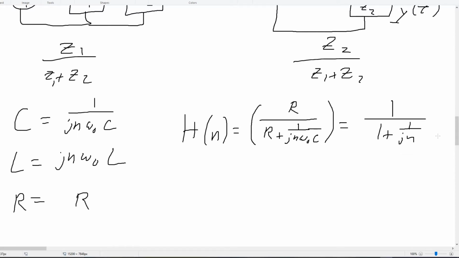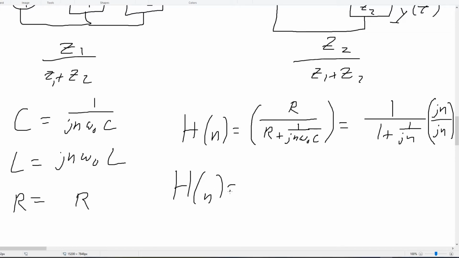Now you could leave it like this, but there's actually a better way of writing this. We have this 1 over jn over here, and that is kind of annoying to look at. So we're going to multiply the top and bottom by jn. If you have jn divided by jn, that's basically saying 1. But this will let us see this part better. So let me show you what happens.